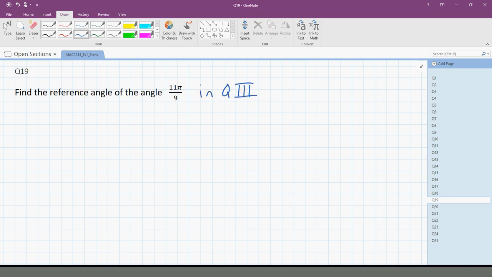So that tells us what formula to use for the reference angle. So in quadrant 3, we're going to take 11 pi over 9 and subtract pi from it. That's the formula. You take your angle minus the pi. And so when we subtract that, what is our reference angle? It's not pi over 3.